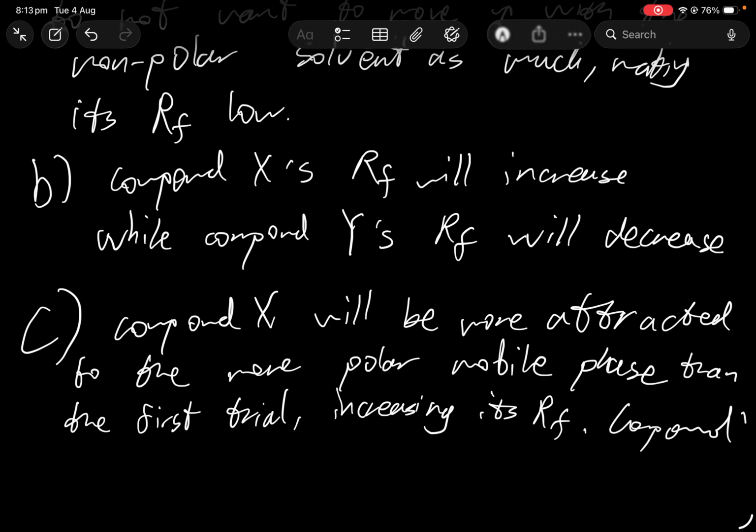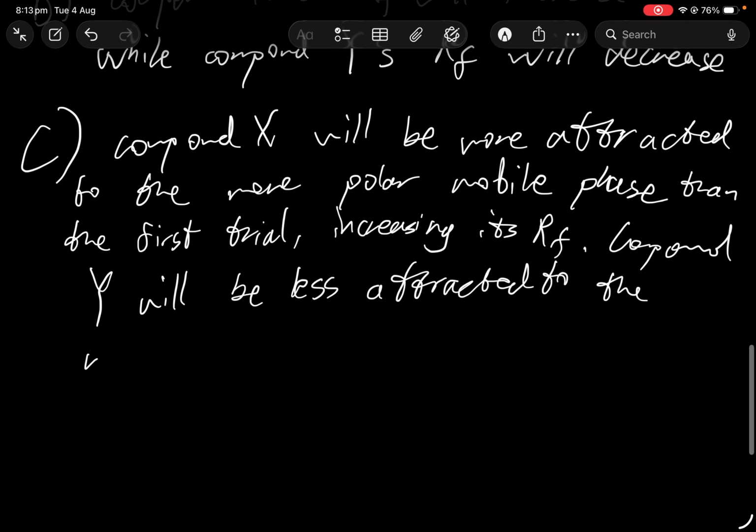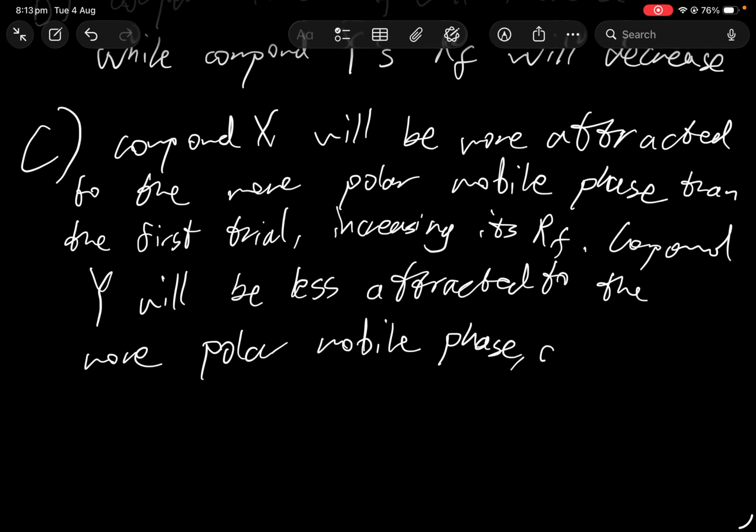Compound Y will be less attracted to the more polar mobile phase, decreasing the RF.